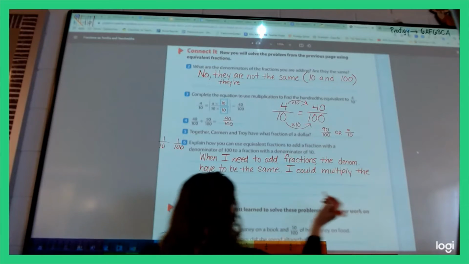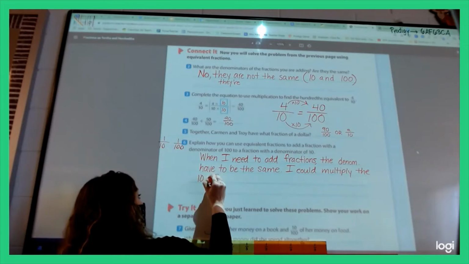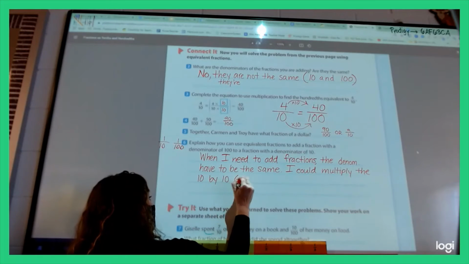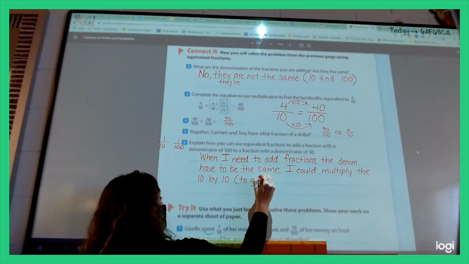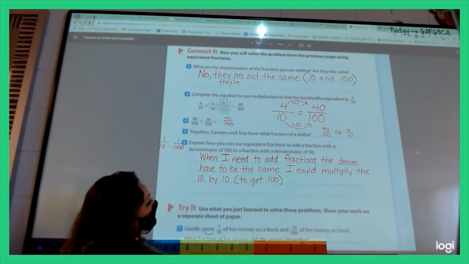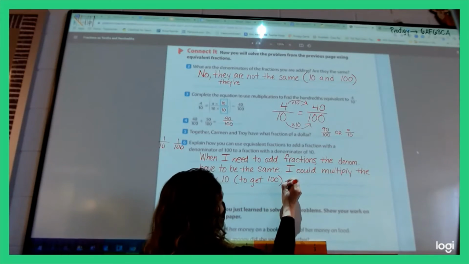So we can multiply the 10 by 10 to get 100. That's one way. Or, Josiah said we could also do it the other way.